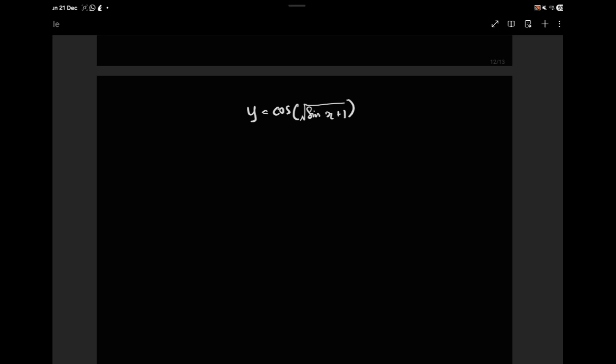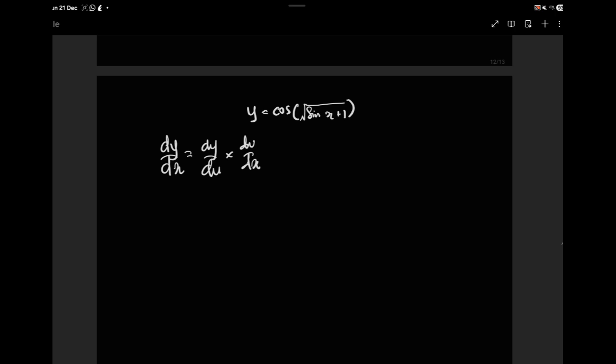So how do we use the chain rule? Remember again, the formula of the chain rule: in finding dy over dx, we need to multiply dy over du times du over dx.